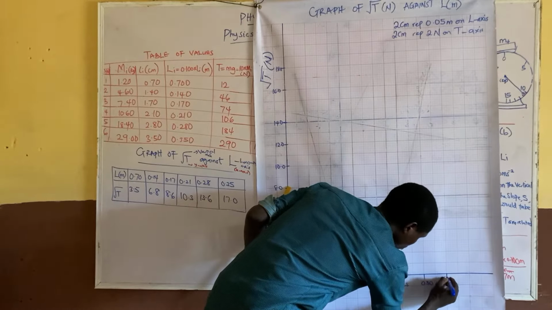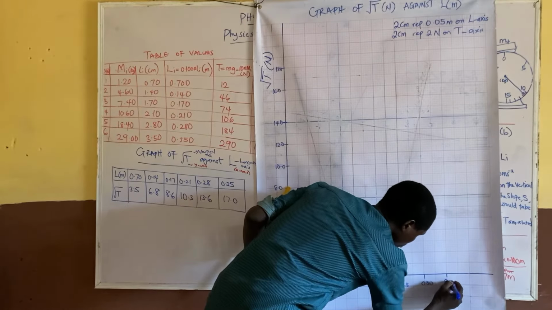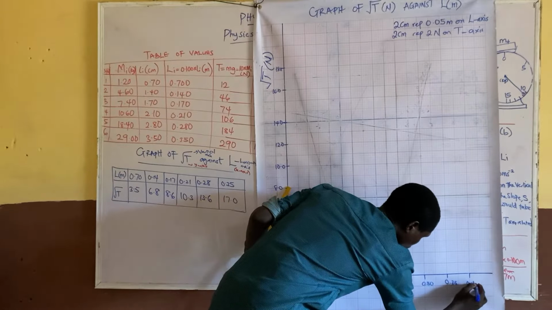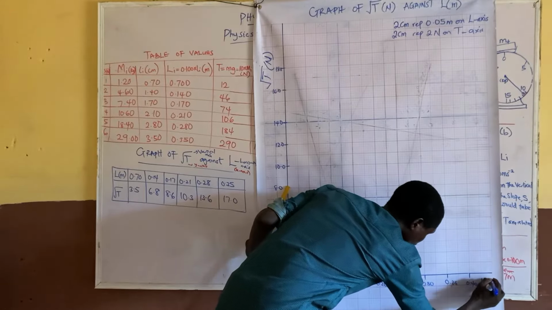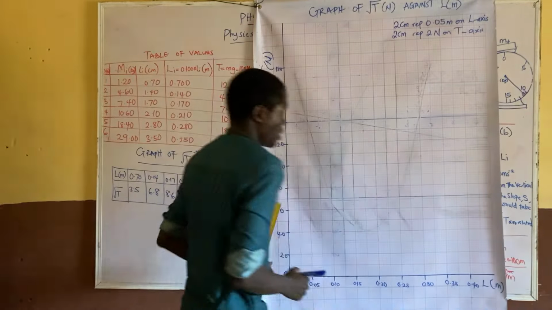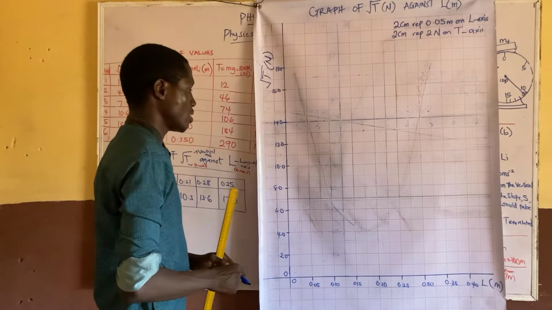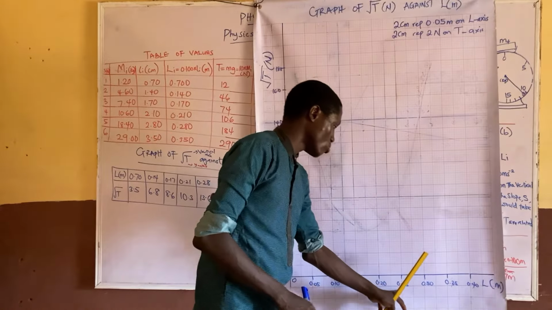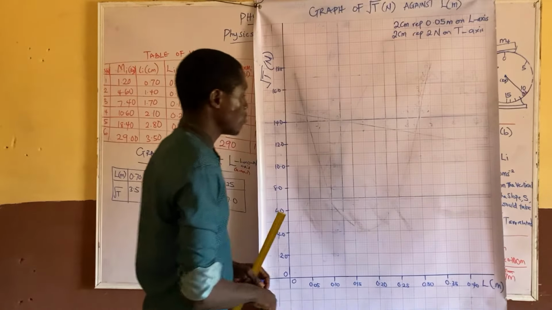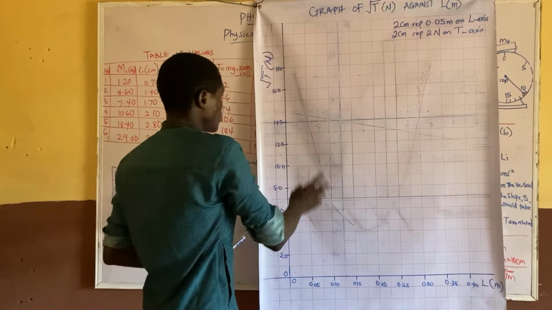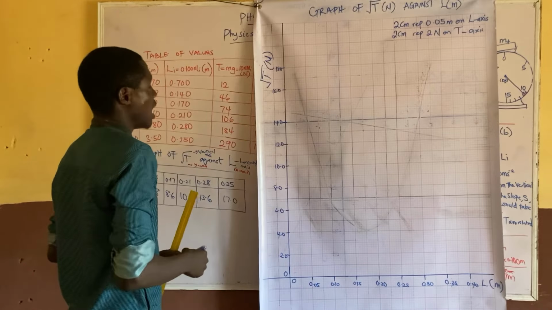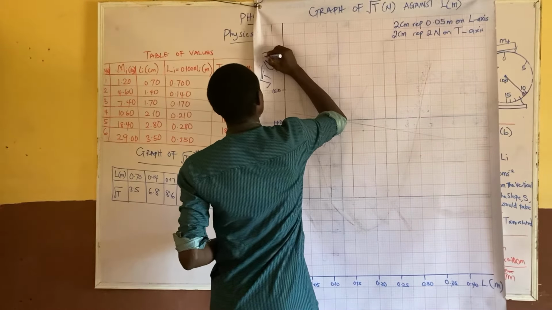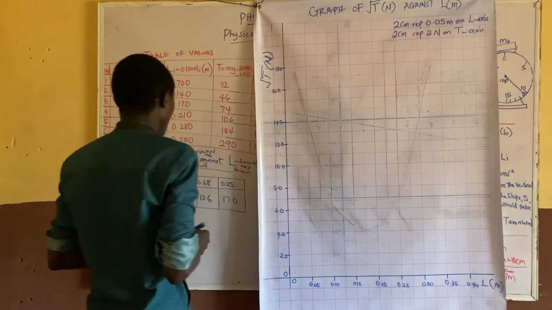Then 0.35, then 0.40. So that is L in meter: 0.05, 0.10, 0.15, 0.20, 0.25, 0.30, 0.35, 0.40. Now we have successfully labeled the vertical and the horizontal axis. So this is Newton.